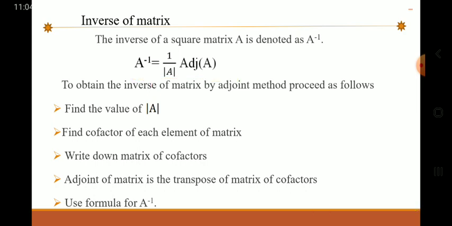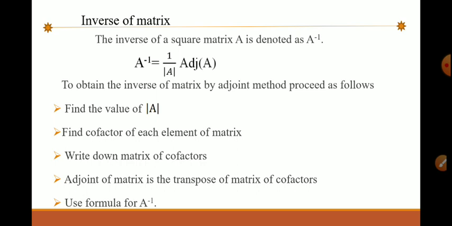Now, to obtain the inverse of a matrix by the adjoint method, first step, find the value of determinant of A. Then find the cofactor of each element of the matrix.